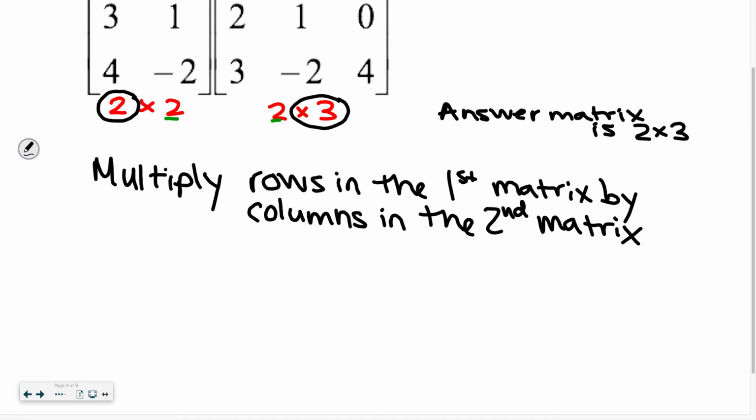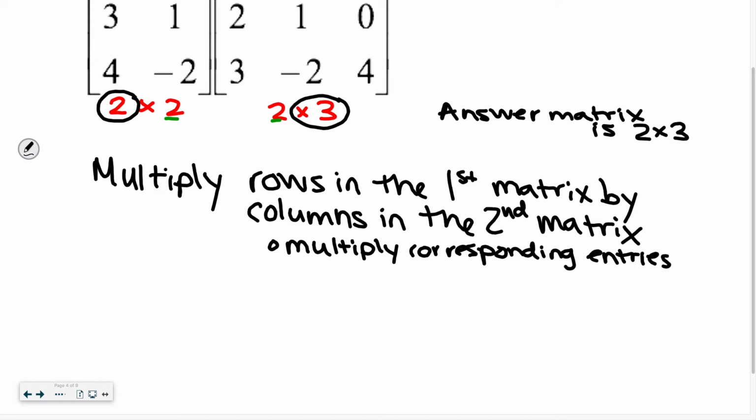And when you're multiplying them, you're going to multiply the corresponding entries, which is really like the first times the first, the second times the second, and so on. It just depends on how many entries each row and column has. If there are 6 entries in a row and 6 entries in a column, I'll have to multiply 6 numbers together, and then I add those up.